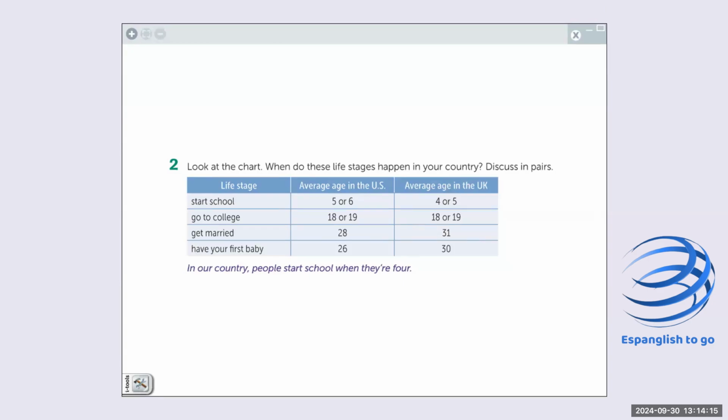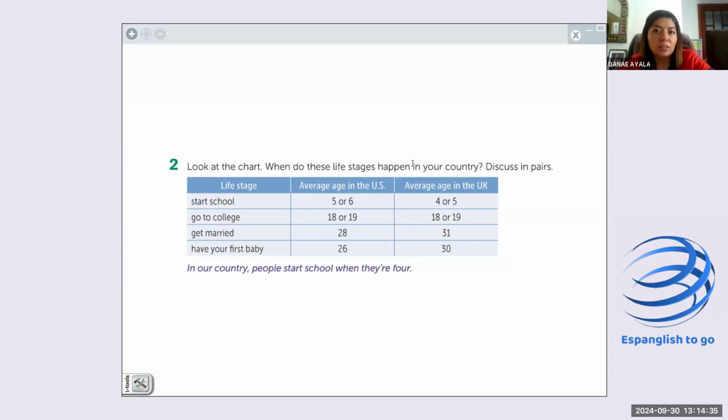And in the US it is 28. What is the average age in the US to have your first baby? 26, and very different to the UK, which is 30.